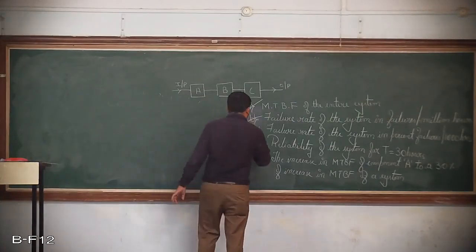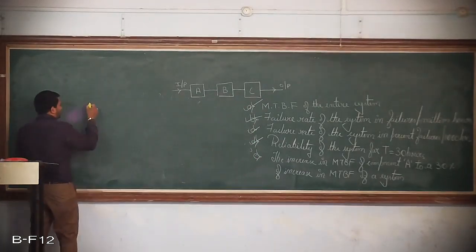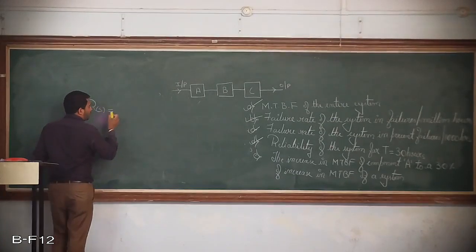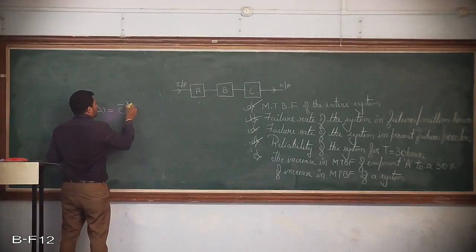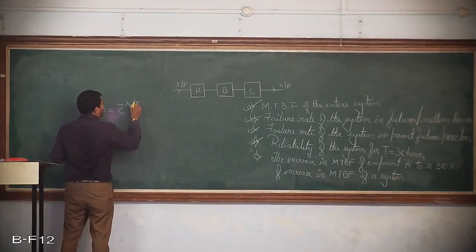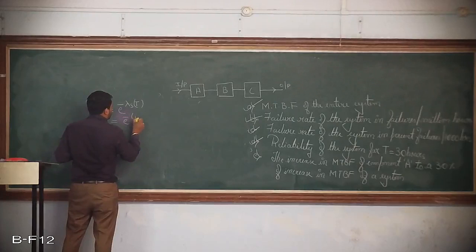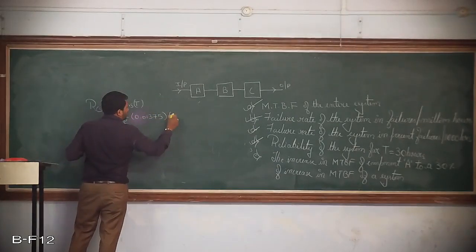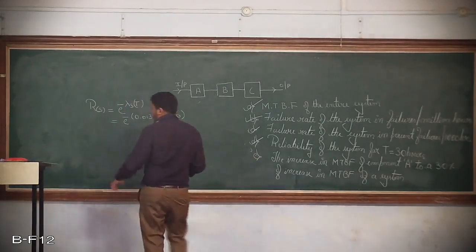Reliability of the system for T equal to 30 hours. We know the reliability of the entire system is e to the power of minus lambda T, with lambda as 0.01375, for a time period of 30 hours.